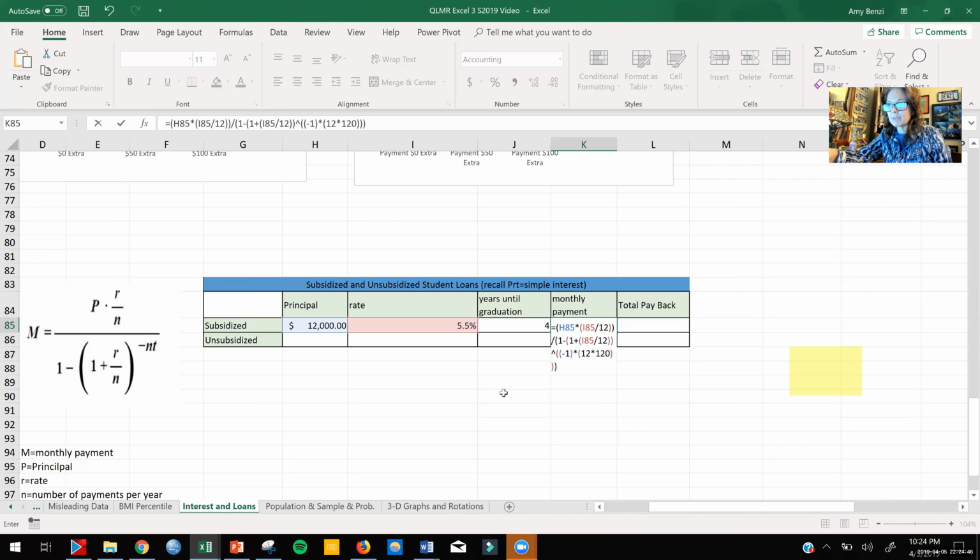N is the number of payments, and then T is going to be 10. I'm sorry, I'm getting ahead of myself. 12 times 10 is 120. I'm already just doing the math in my head. All right.